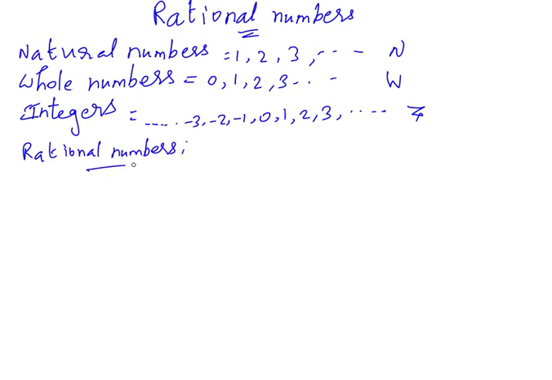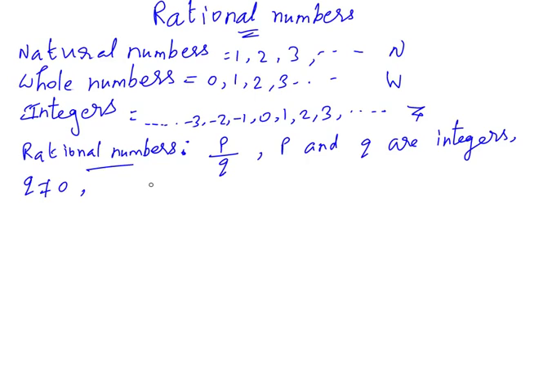So a rational number is of the form p by q. P is an integer, q is an integer. Both p and q are integers, and the denominator does not become 0, so q is not equal to 0.